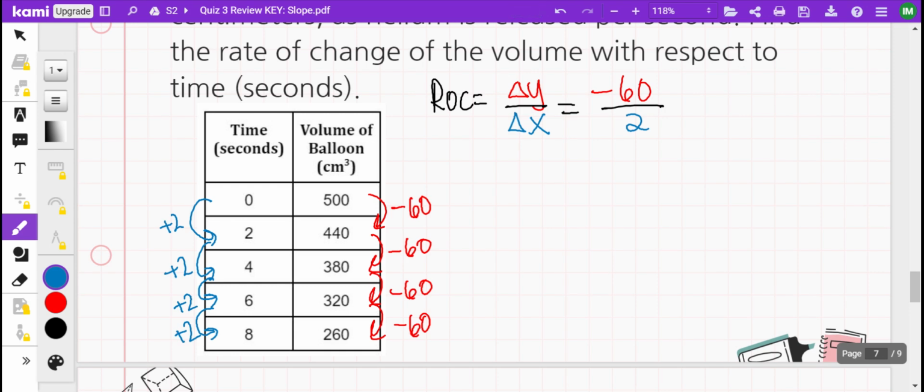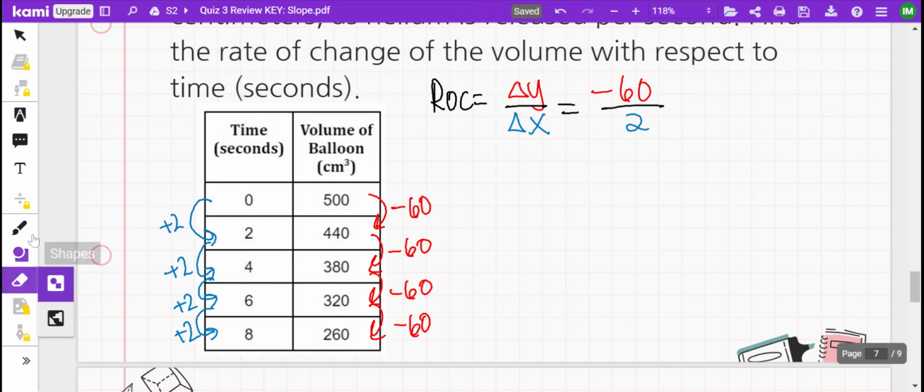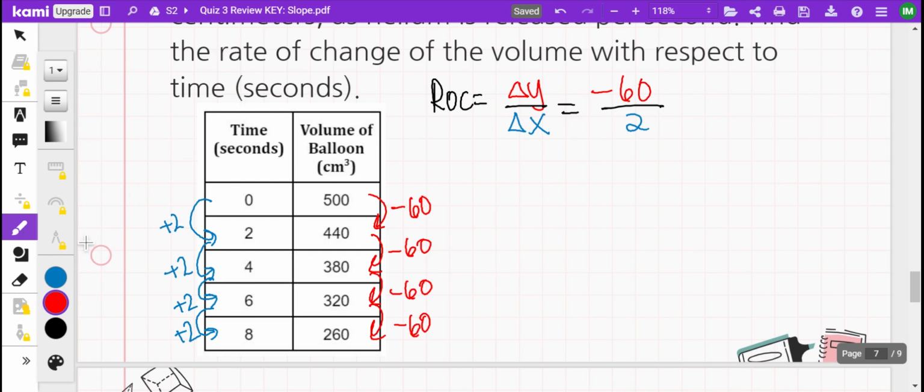Remember in the previous problem, we said this first one is going to be our x. So in this case, x represents the number of seconds. And then this is, why am I writing y? Whoops, sorry guys. This is x, this is y.